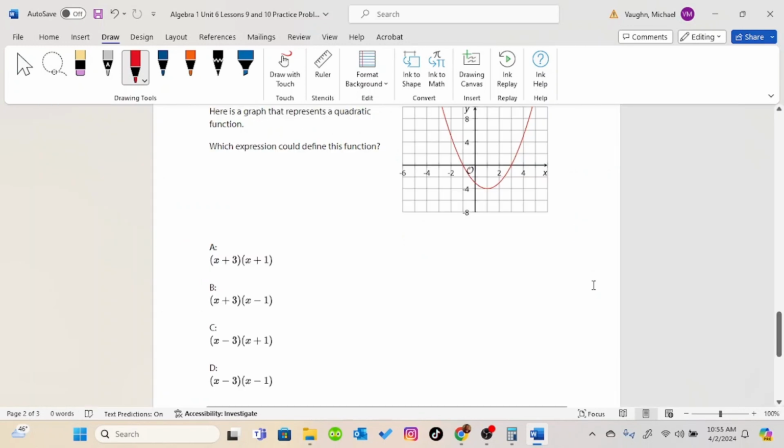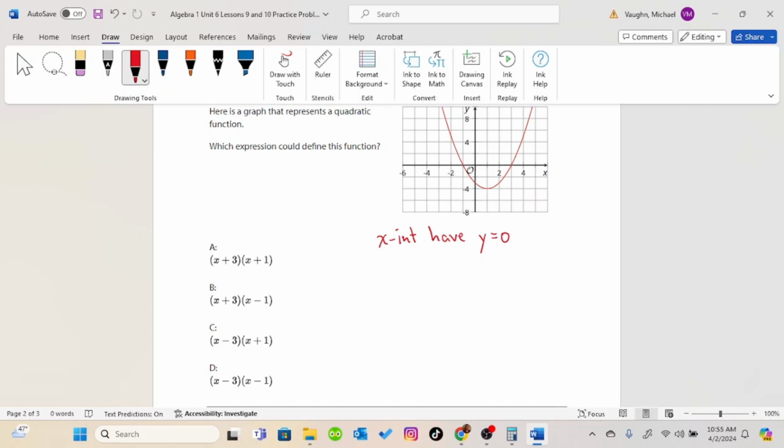Here is a graph that represents a quadratic function. Which expression could define this function? Well, in order for me to find my x-intercepts, x-intercepts have y equals 0.